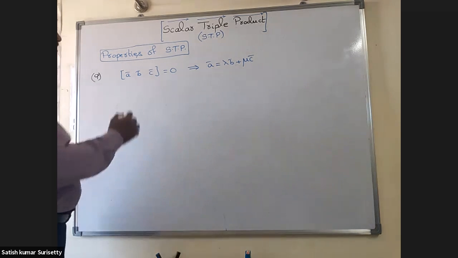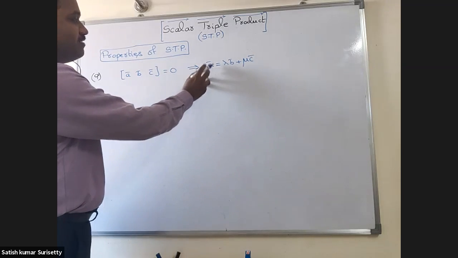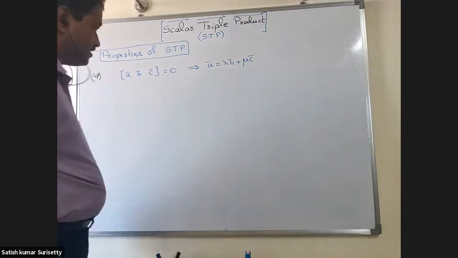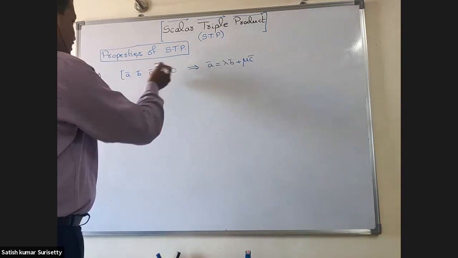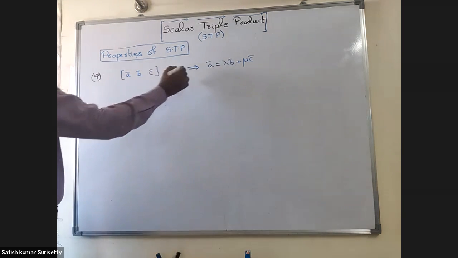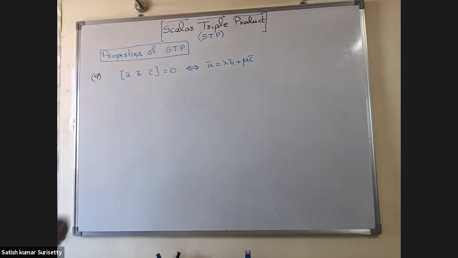Why? Because the three vectors are coplanar. Once three vectors are coplanar, we can express any one of the vectors as a linear combination of the other two vectors. Now, even the reverse can be true also. It is same as the previous property you have written.